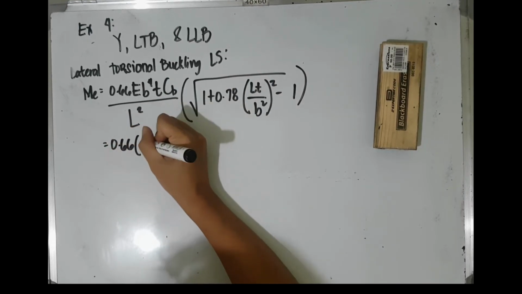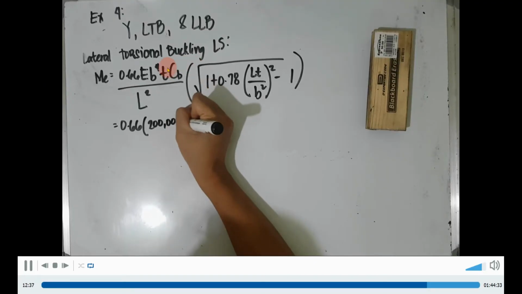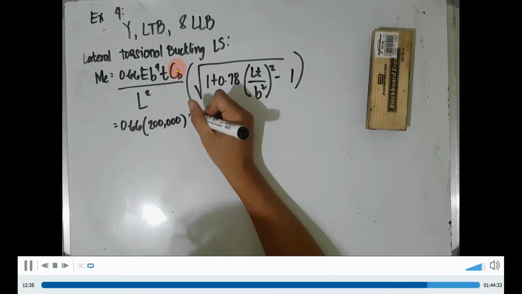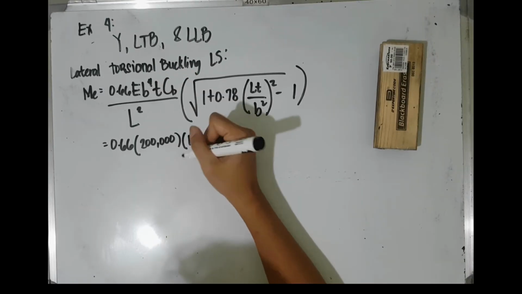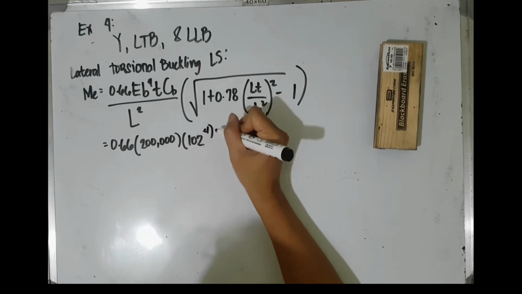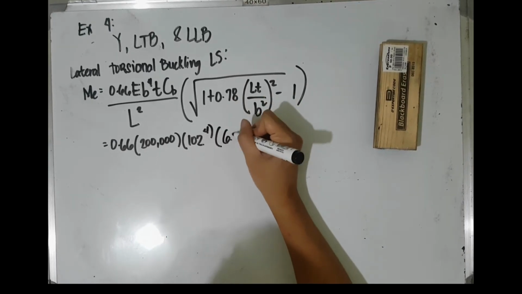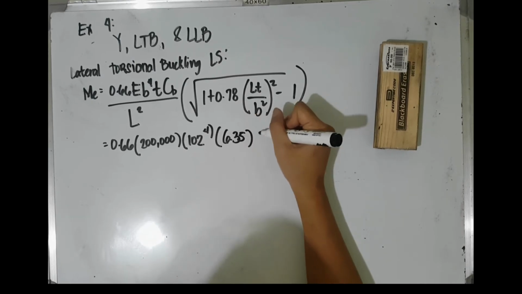And the value of Cb can conservatively be equal to 1.0, as I have said earlier. For any section, it can be taken as 1.0.